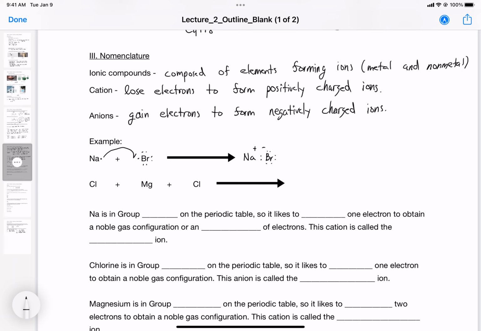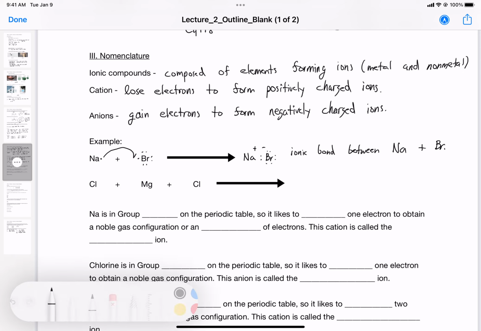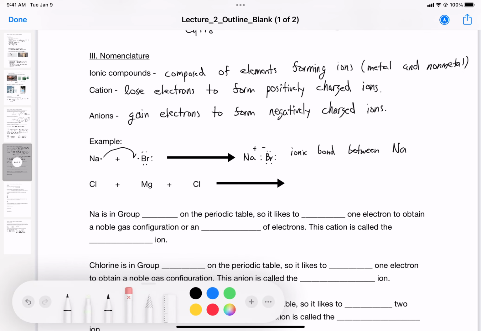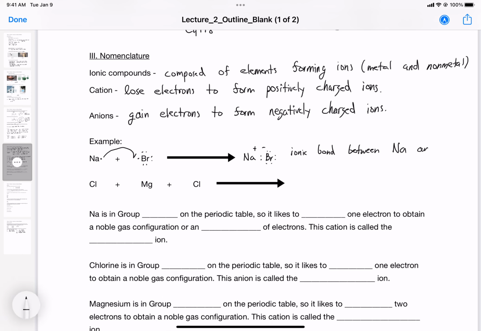So an ionic bond forms between sodium and bromine. Okay? So now we have an ionic bond between sodium and bromine.